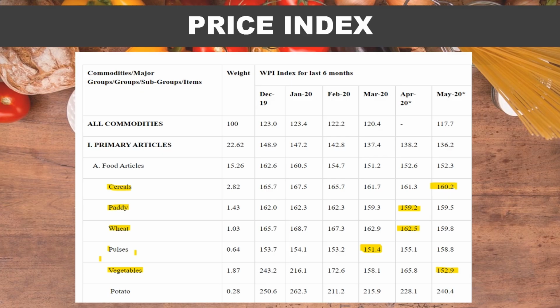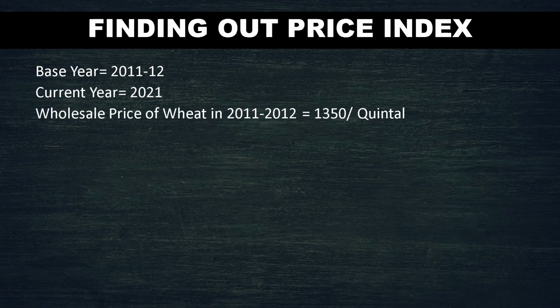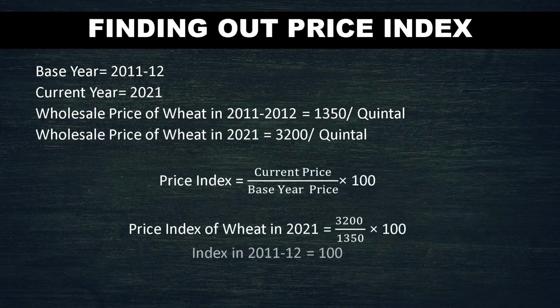Now let's understand how we actually calculate a price index. A price index is a system of expressing the current price as a percentage of base price. This index also helps us to understand the inflation rate. Here you can see that we have taken base year as 2011-12 and the current year as 2021.